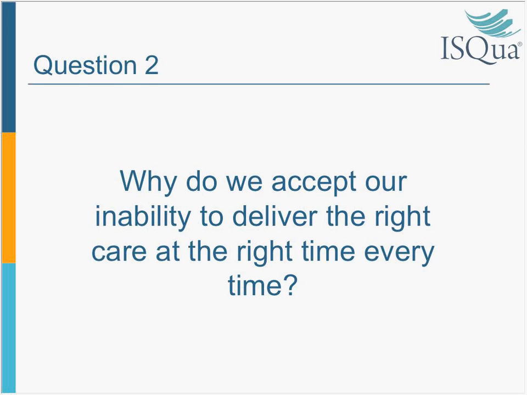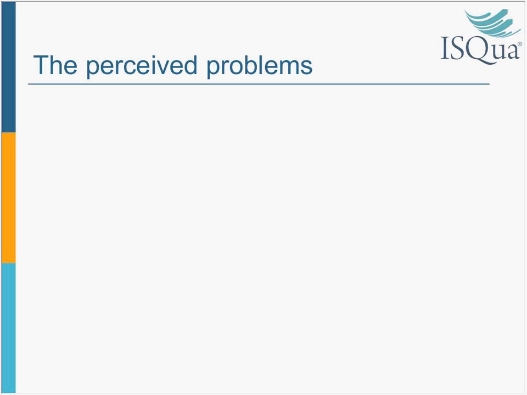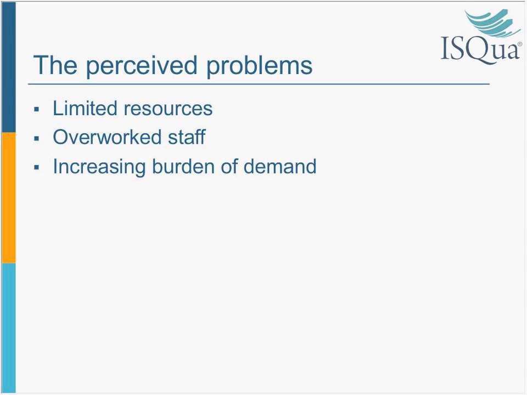Why is that? What is the problem? Well, many people give perceived problems. They talk about limited resources. We won't be able to do this without more money, more people. The press says the staff are overworked, and if you talk to the staff, they'll say so as well. They're asked to do too much. They'll say the problem is that there's an increasing burden of demand.